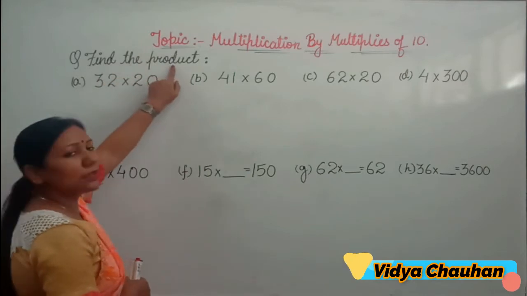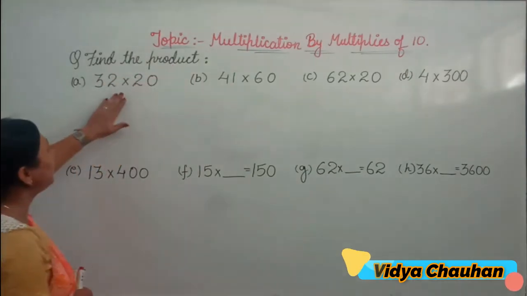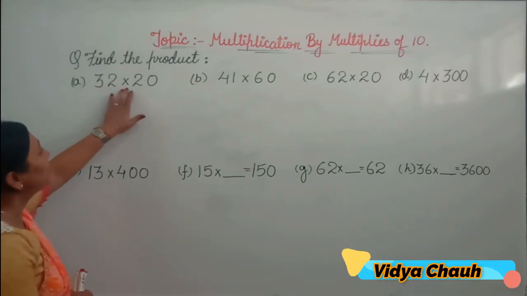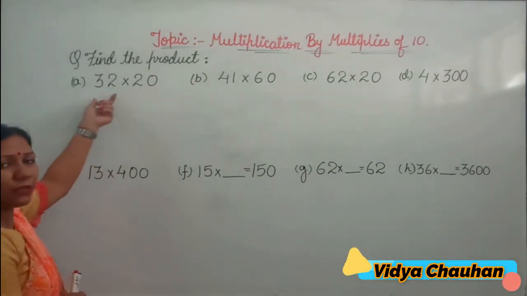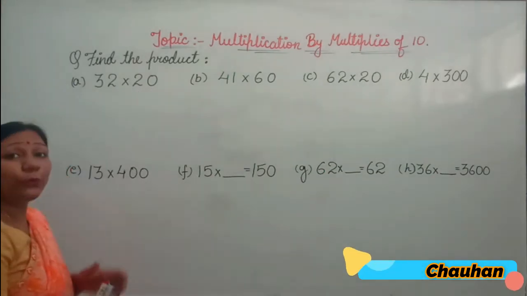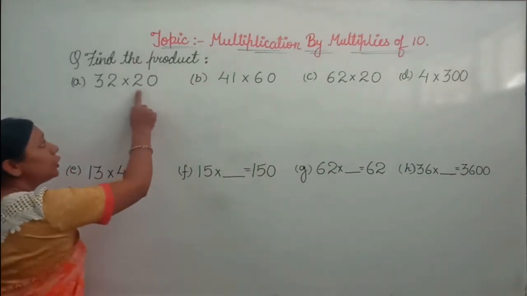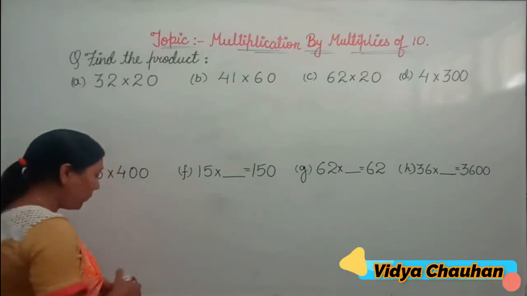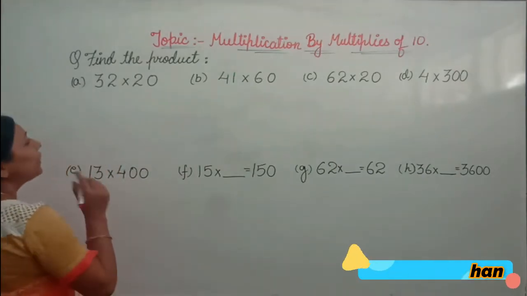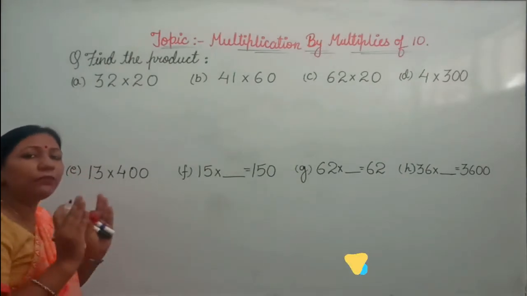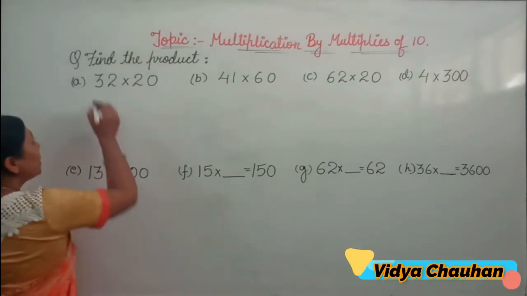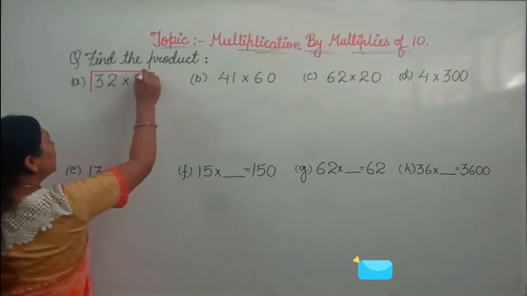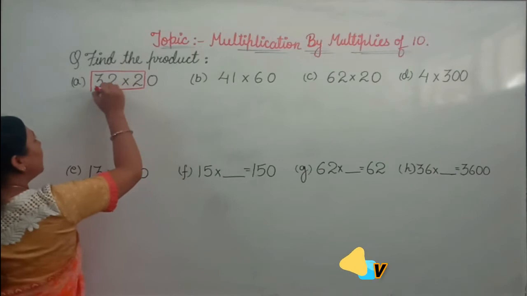Find the product. The question is to find the product of 32 with 20. That means 32 multiplied by 20. As you can see here, 20 is a multiple of 10. So the process is, whenever you have to multiply any number with a multiple of 10, you just have to multiply the first number with the numerical value of this.